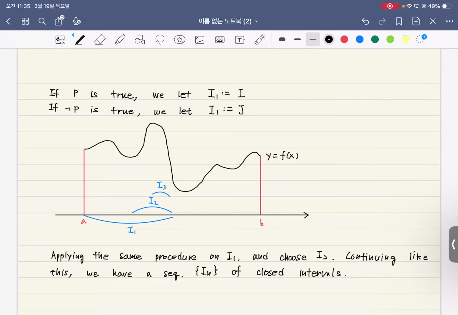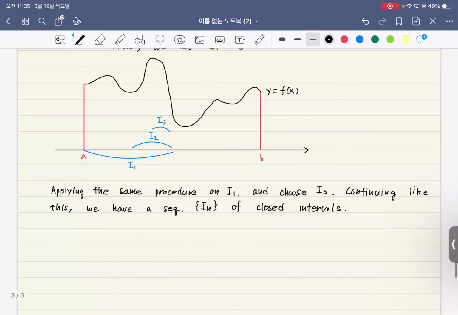Therefore, for any n, if you choose any random point outside of this interval, then you must be able to find a point in this interval whose function value is greater than that point. So for any positive integer n, the following is true.